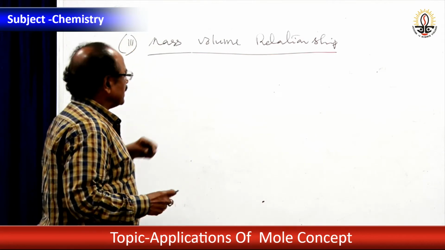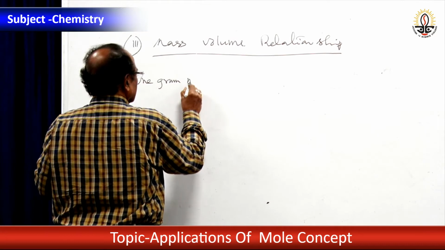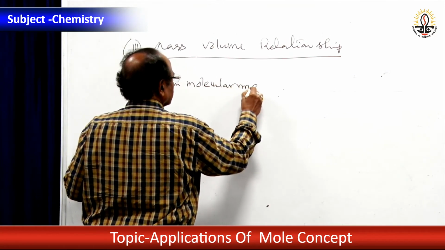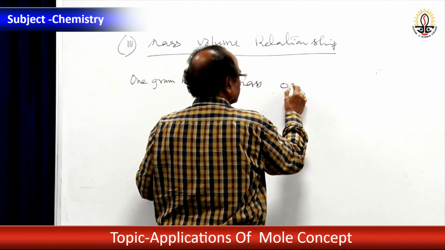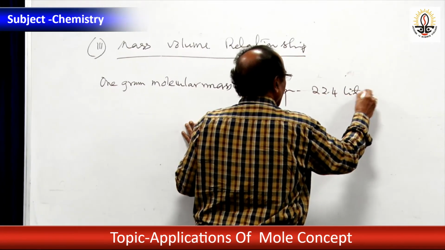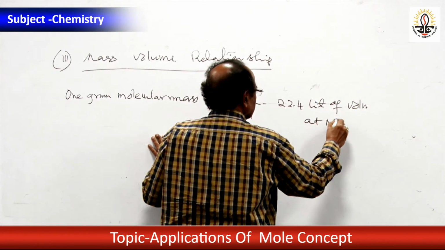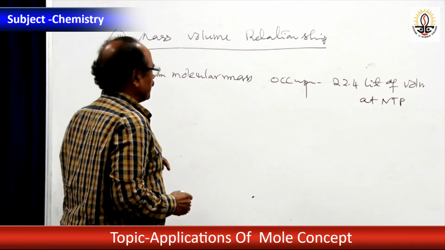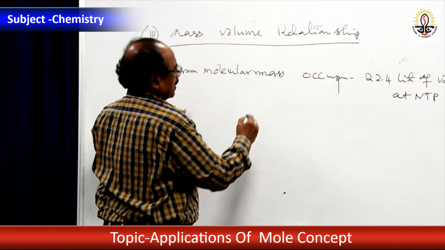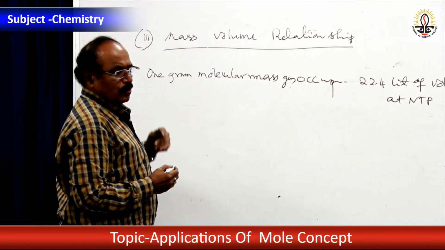So, 1 gram molecular mass occupies 22.4 liters of volume at NTP. Any 1 gram molecular mass of a gas occupies this at NTP, that is 1 mole.